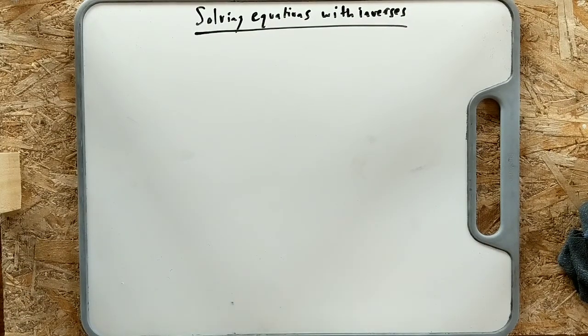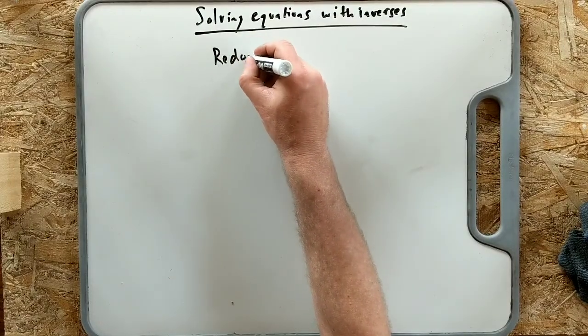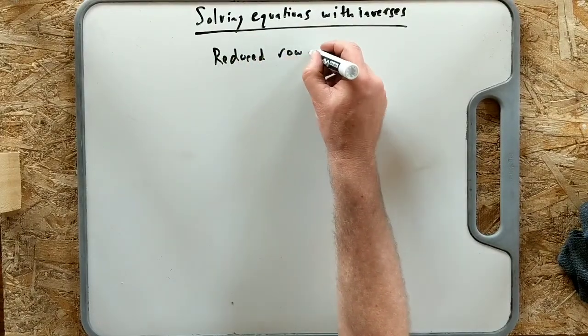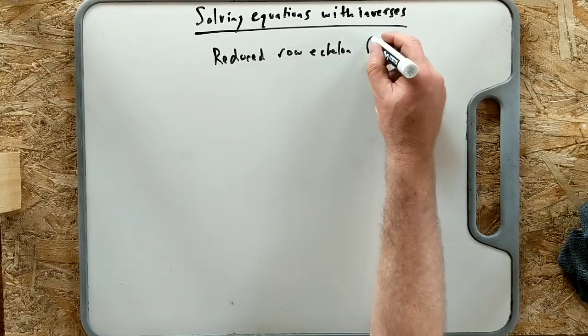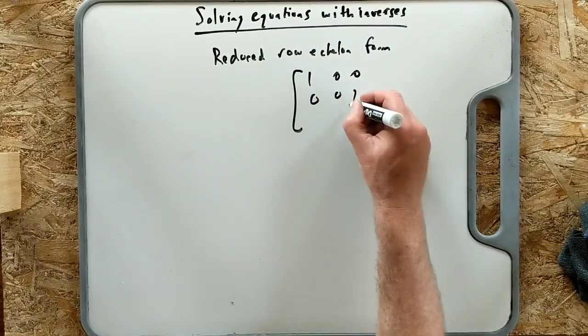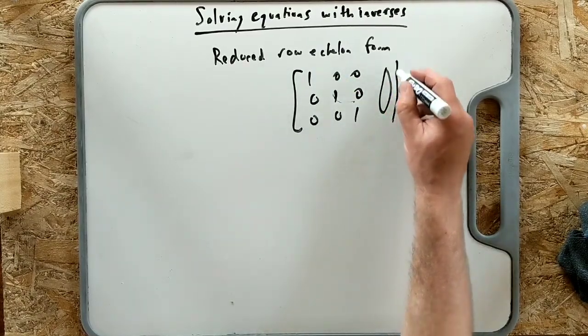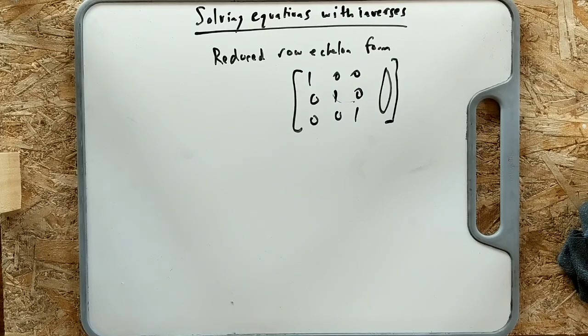Then we use what's called reduced row echelon form, which is the one where you get 1, 0, 0, 0, 1, 0, 0, 0, 1, and the answer. That's what we did on the first matrix lesson.